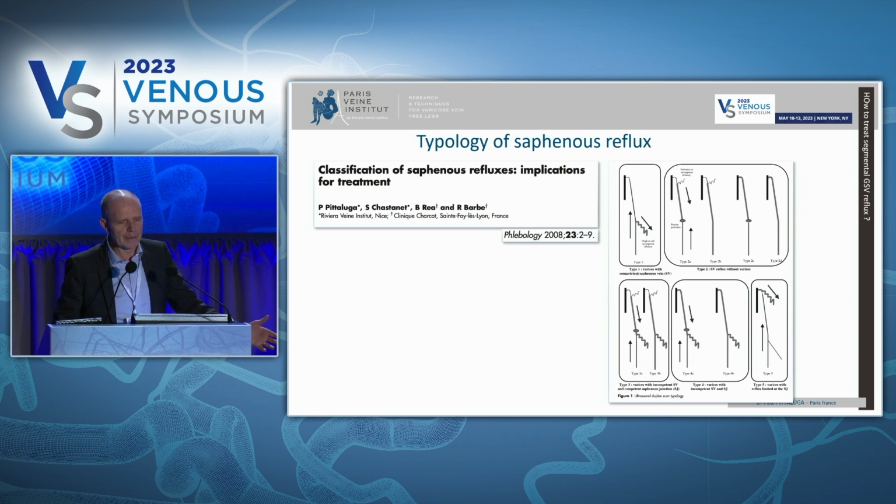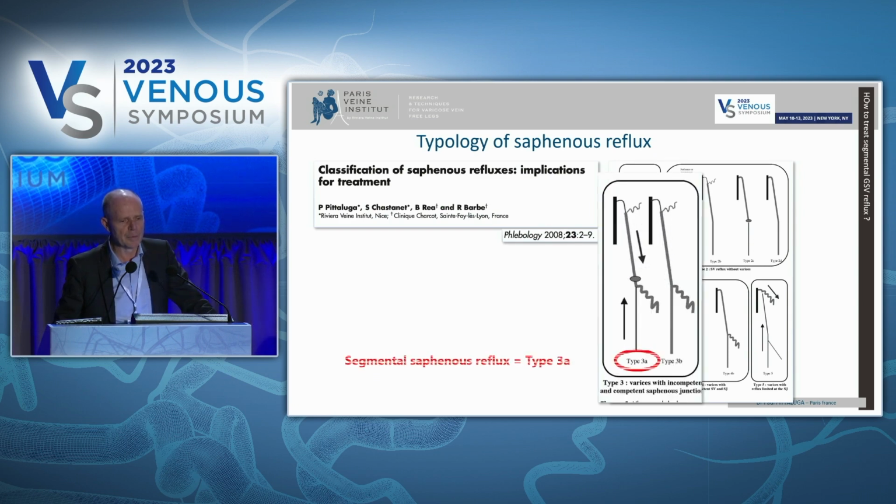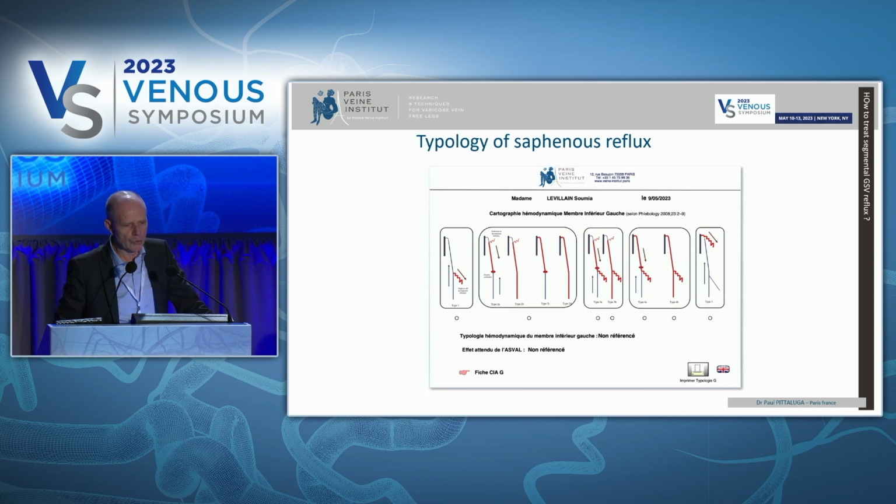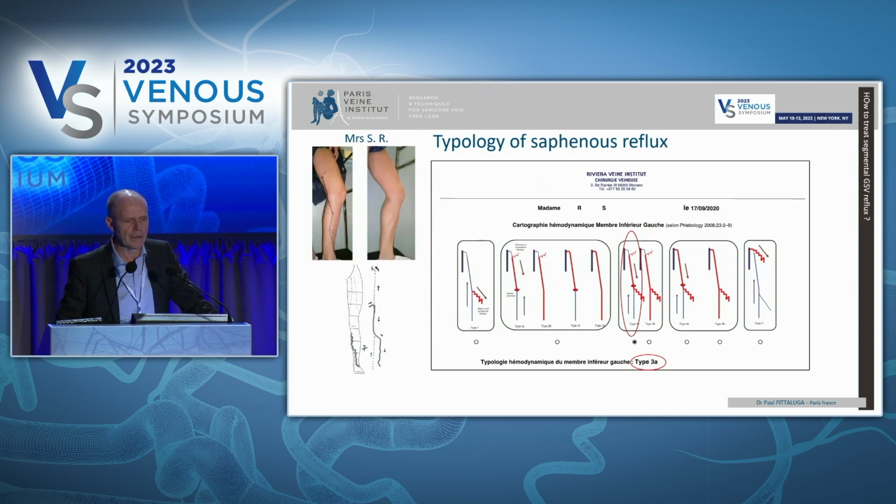Segmental saphenous reflux has been clearly identified in the classification of saphenous reflux that we published many years ago, and we have integrated this classification into our database, where it is filled in for all patients with varicose veins, as it was for this lady.